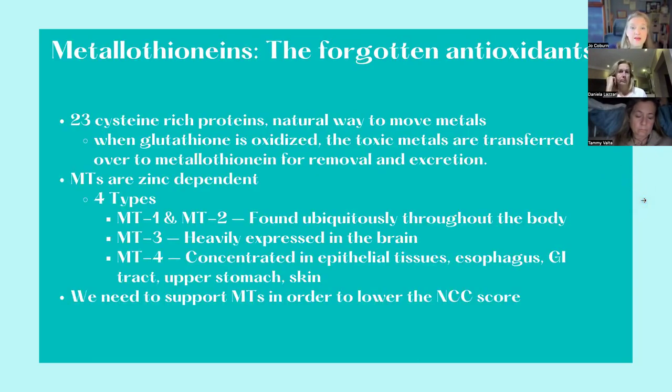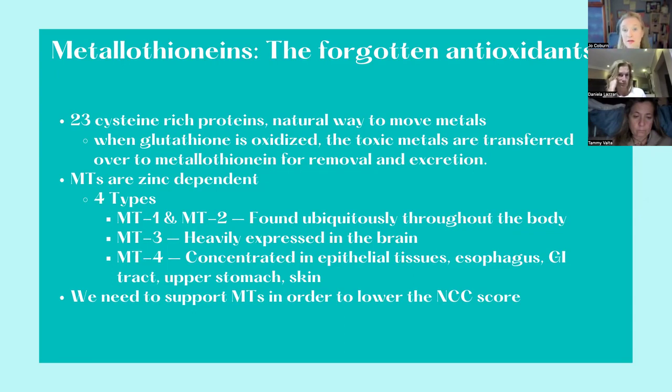So, metallothioneins, the forgotten antioxidants. Metallothioneins are 23 cysteine-rich proteins. They're the natural way the body moves metals. And when glutathione is oxidized, the toxic metals are transferred over to metallothionein for removal and excretion. And these metallothioneins are zinc dependent. And there's four types. MT1 and MT2 are found throughout the body.